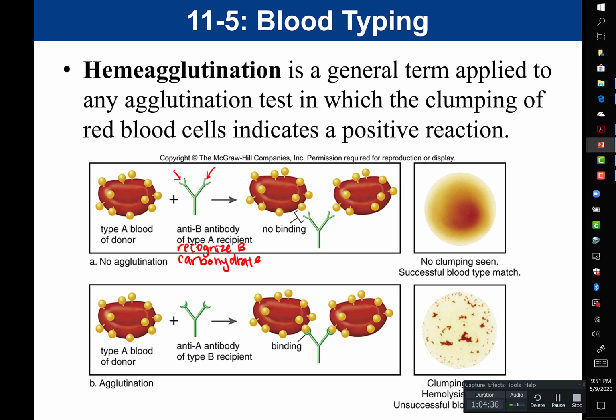Now, who would be the provider of this anti-B antibody or anti-B antiserum? Which blood type would have anti-B antibodies in it?